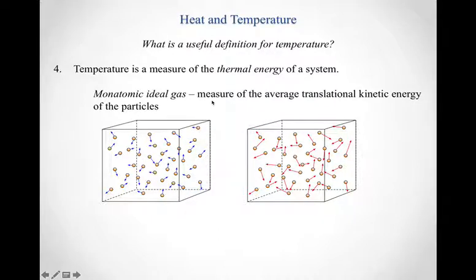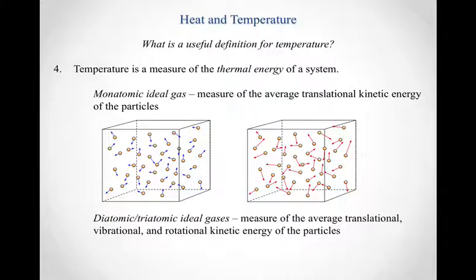What the temperature measures is the average translational kinetic energy of the particles. If on average your particles are moving around faster, that indicates a higher temperature. So temperature is measuring the thermal energy of your system, which for a simple system like a monatomic ideal gas is the average translational kinetic energy of the particles.